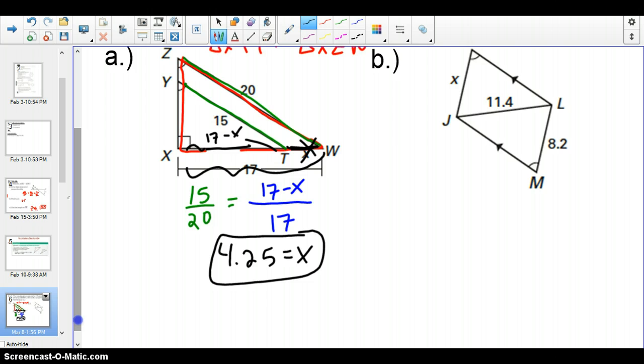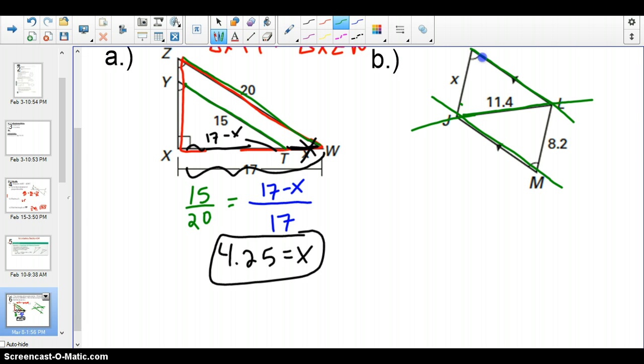If you look at part B, let's start by writing a similarity statement. These lines here are parallel, which means you should have some angles that are congruent. If these two lines are parallel, think about this side being your transversal.